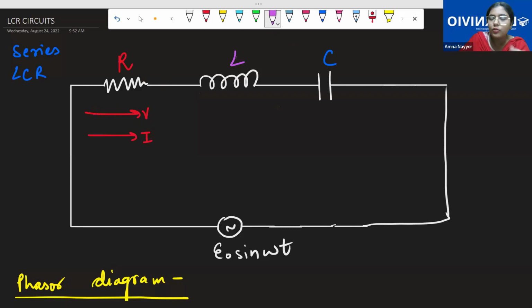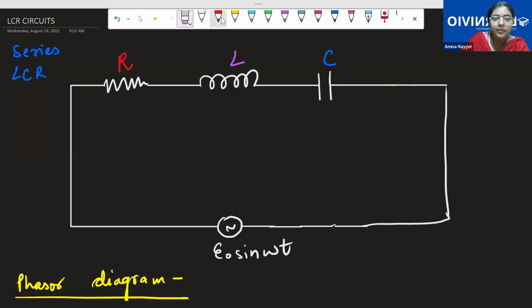Now, for resistance, we already know the voltage and the current are in the same phase. So current and voltage are in the same phase. Now the voltage and current of the inductor. We know here the current lags by 90 degree and the voltage leads by 90 degree.